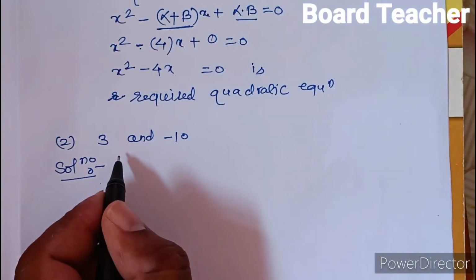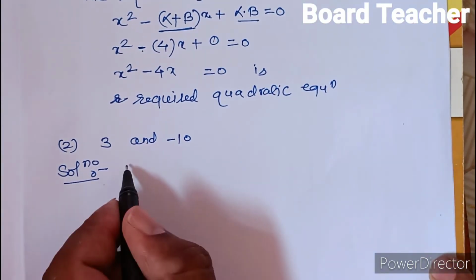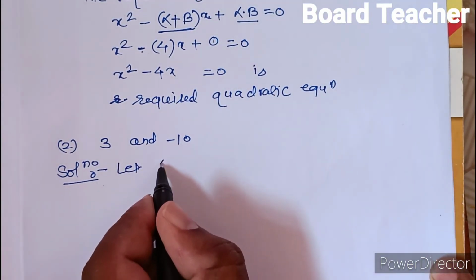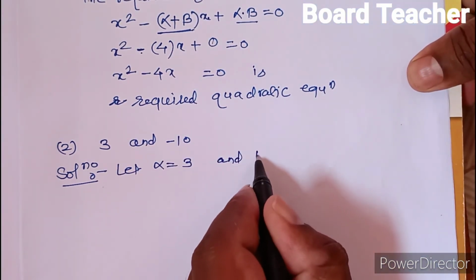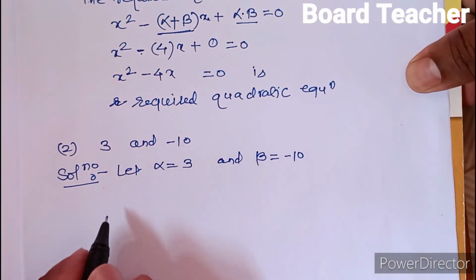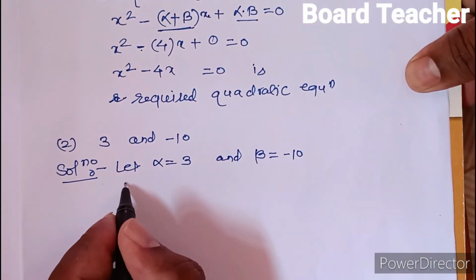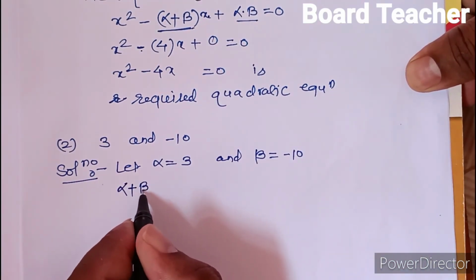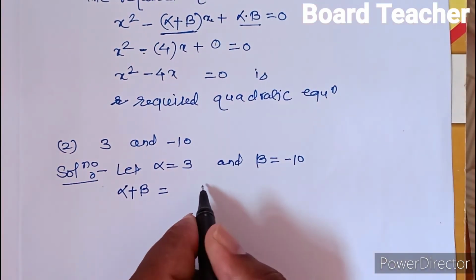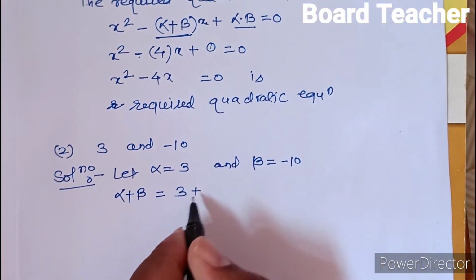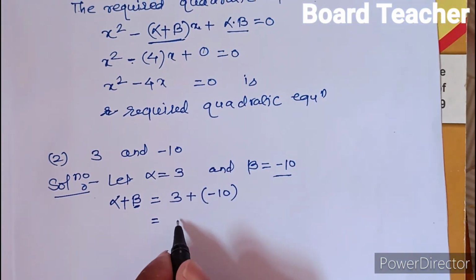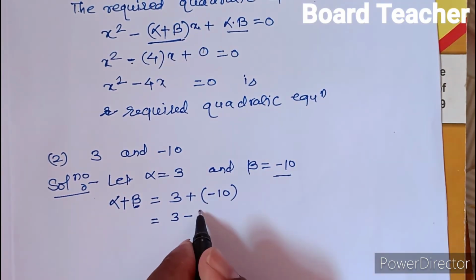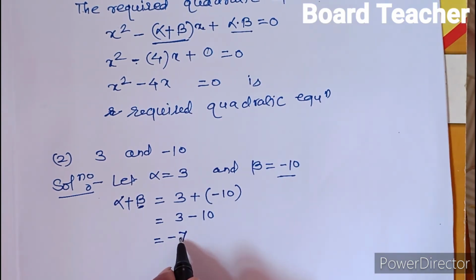Next, roots are 3 and minus 10. Therefore let alpha equals 3 and beta equals minus 10. Therefore sum of the roots, alpha plus beta, equals 3 plus minus 10 equals minus 7.